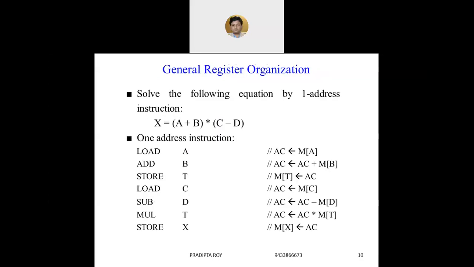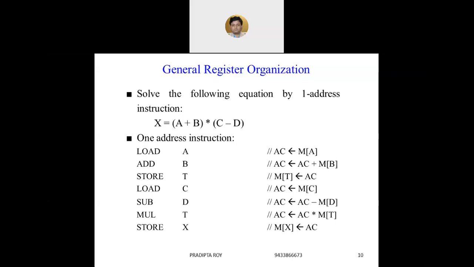So let's see how this can be solved. In order to find the solution of the same equation, first we have to load the data to the accumulator. The accumulator will take a very important role in this one address instruction.